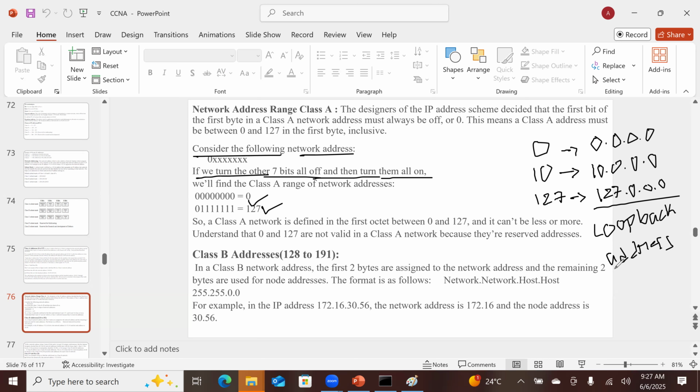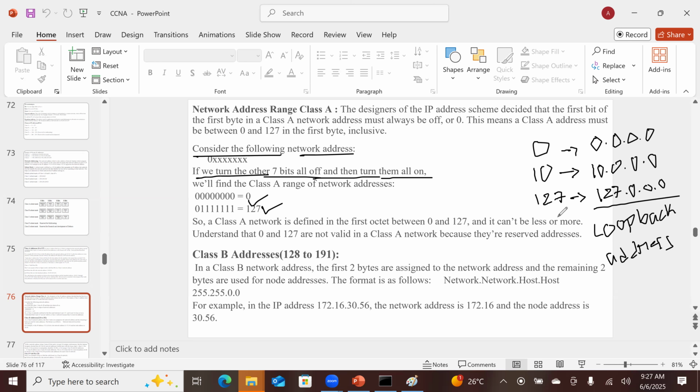Loopback address. This is used by the system itself just to check the internal, this is used for testing purpose. This is reserved in class A. Which three networks are reserved in class A? 0 network, 10 network, and 127 network.